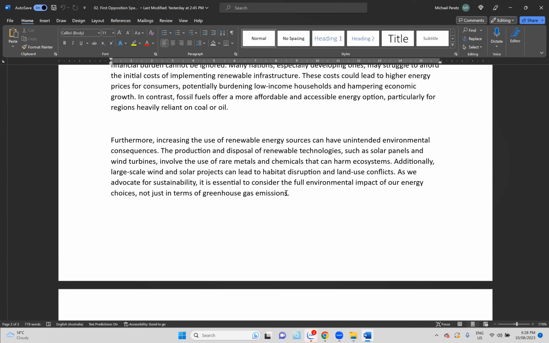But we've also got things like, again, habitat disruption. So do we have to cut down a big forest to make space for this renewable energy source? Do we have to, or are we going to have to buy or take away land from people to be able to put these energy sources on?